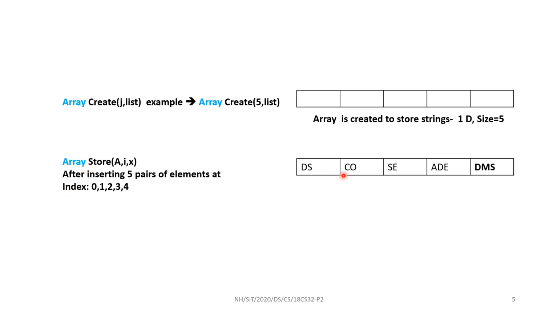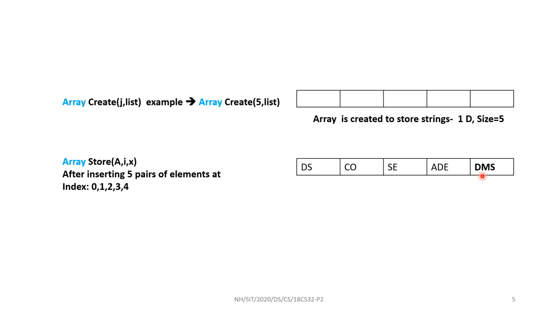Assume that we have created the array and added elements, the array size is 5, and already 4 strings are in the array at position 0, 1, 2, 3, that is index 0, index 1, 2, 3. I want to store DMS at index 4.